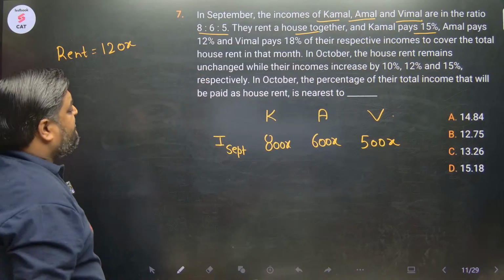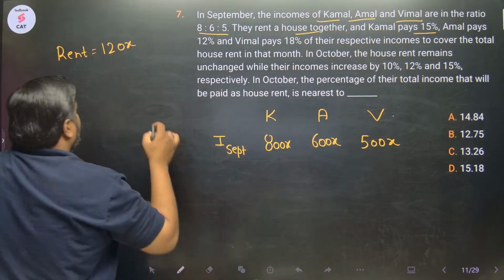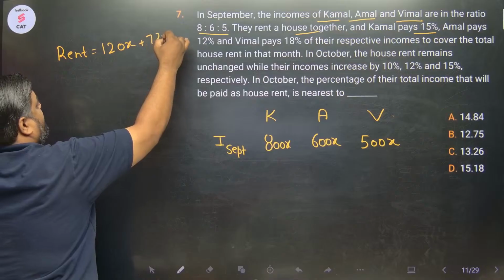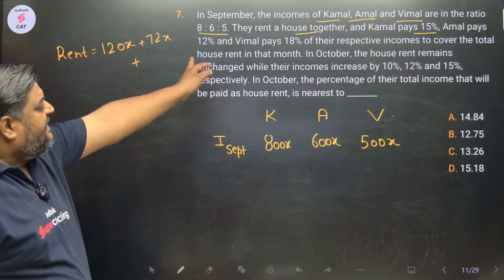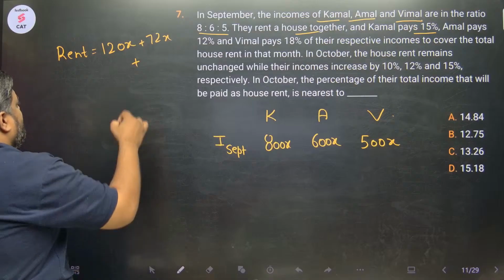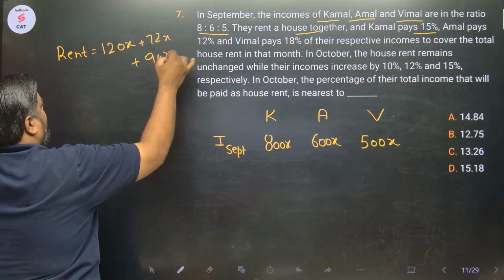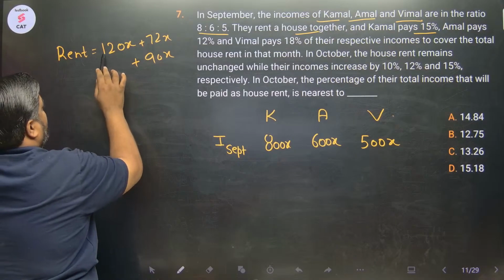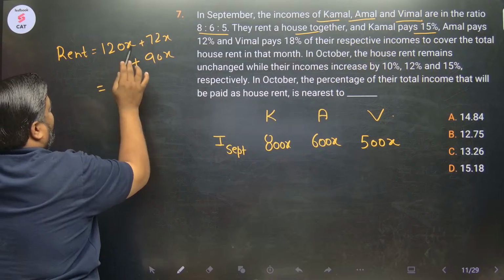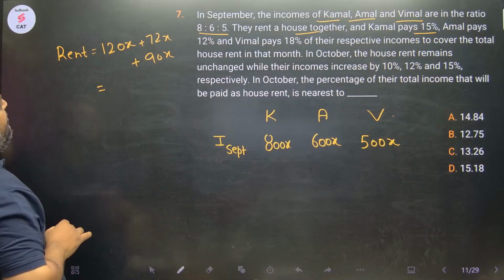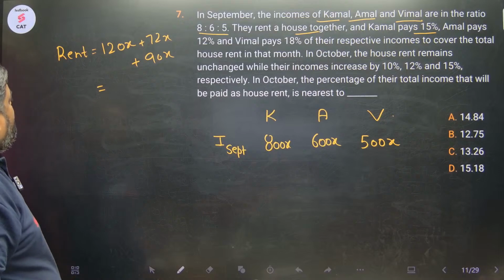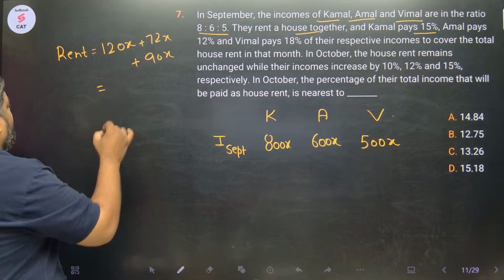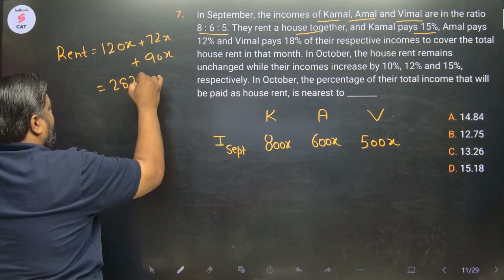Amal pays 12%. 12% of 600x is 72x. And Vimal pays 18%. 18% of 500x is 90x. So what is the rent? That is 120 plus 90 is 210. 210 plus 72 is 282x. The rent is 282x.